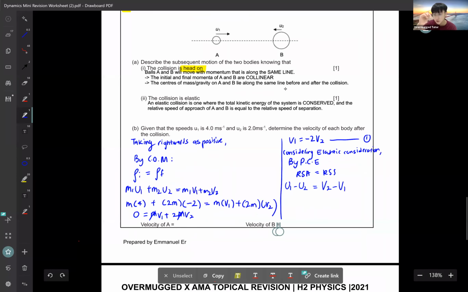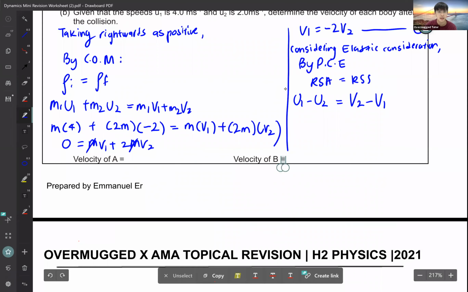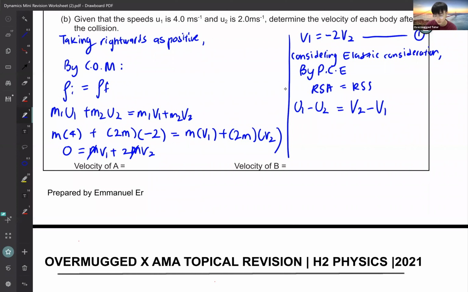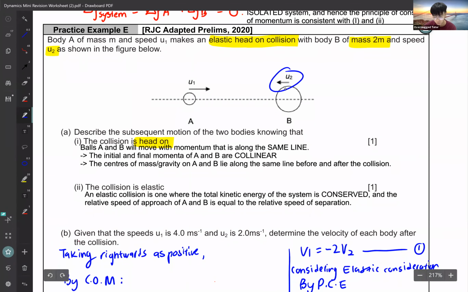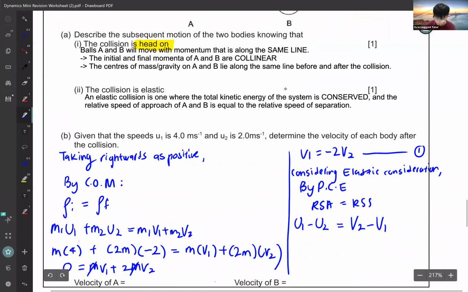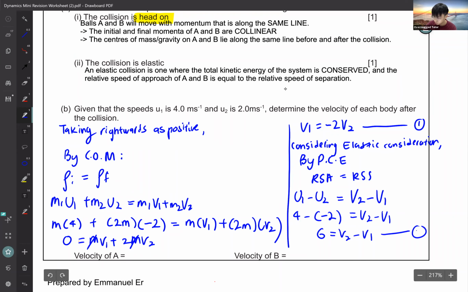Okay, so this one you must be careful. Notice that once again, velocity here is a vector. So when you put the minus U2, you must remember that U2 is already negative. So therefore, the answer should look something like this. 4 minus minus 2 equals to V2 minus V1. So 6 equals to V2 minus V1. Yeah, key idea. Okay, and this is our second equation, which is number 2.